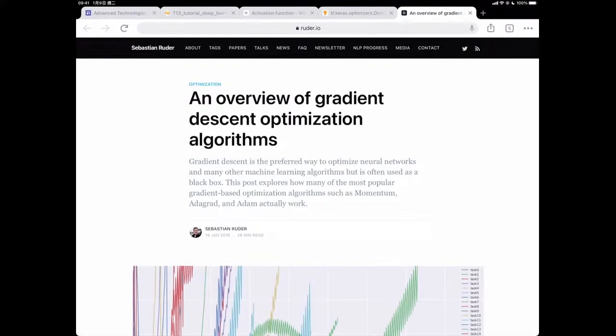So finding those weights is not the problem; the problem is it takes too long. So we select different strategies, different optimizers, to help us quickly find the weights.